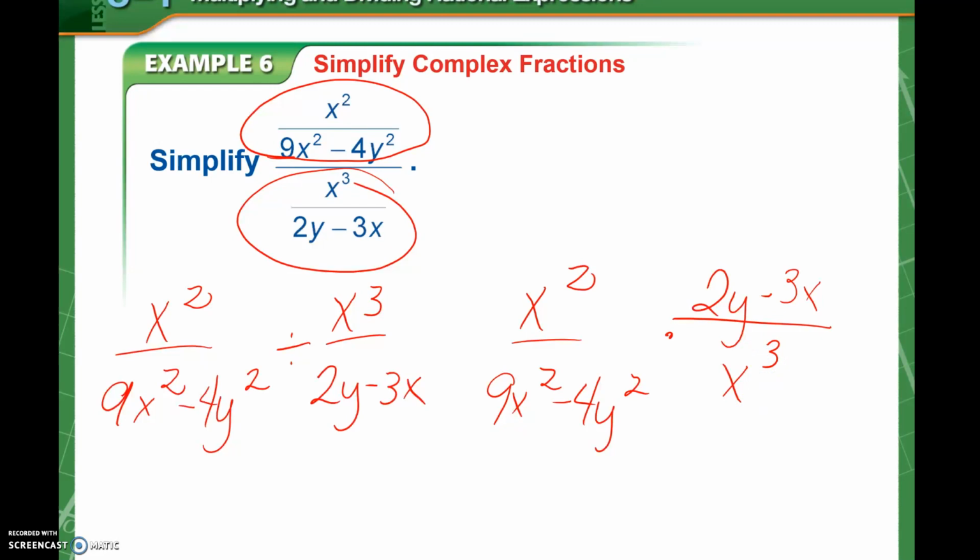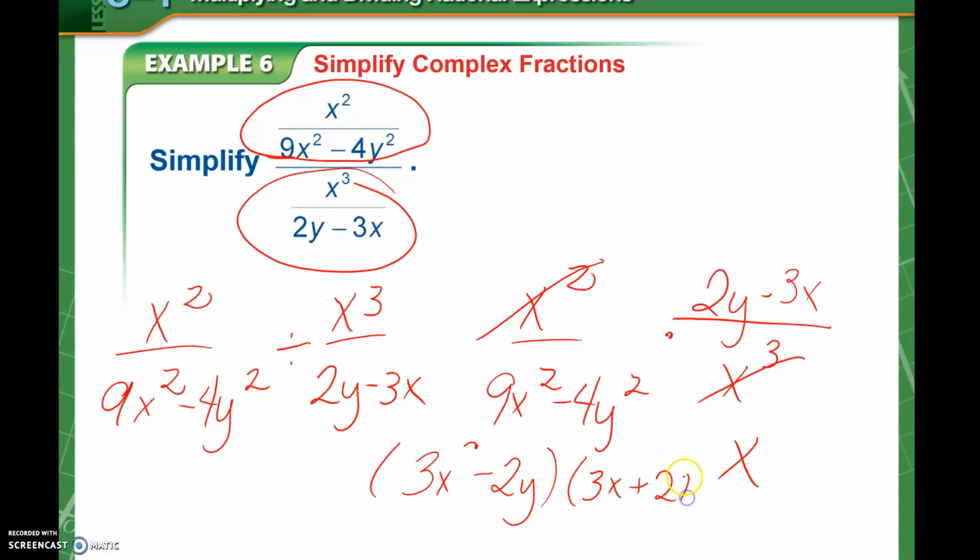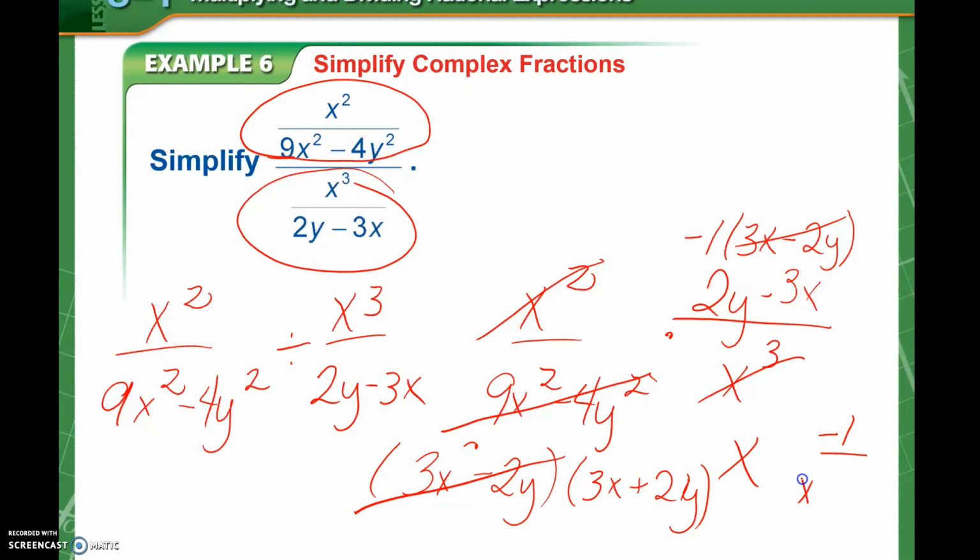And then go ahead and factor, and that will help us. So this will go in here once. This can factor into 3x minus 2y, 3x plus 2y, and if I factor the negative 1 out of the other, I get 3x minus 2y. So that cancels this out, and I have negative 1 over x times 3x plus 2y.